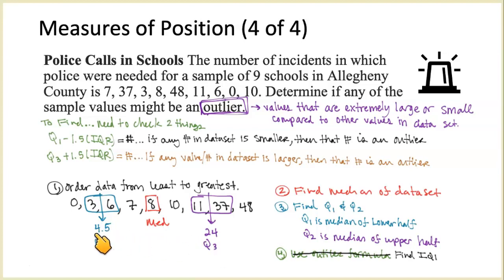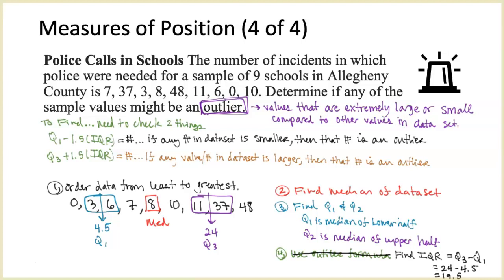It helps us describe how wide the middle 50% is, because from 25% to 75% would be the middle 50% of the data. So that's the number we have to find. Our interquartile range is 19.5.